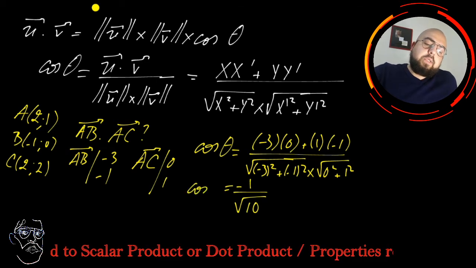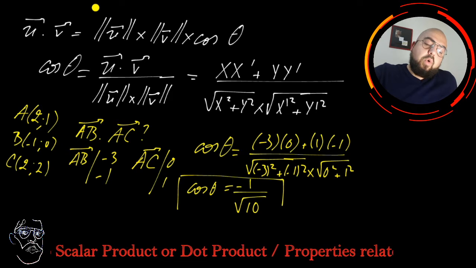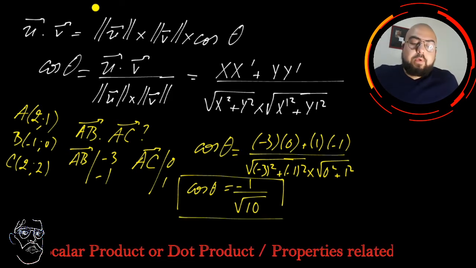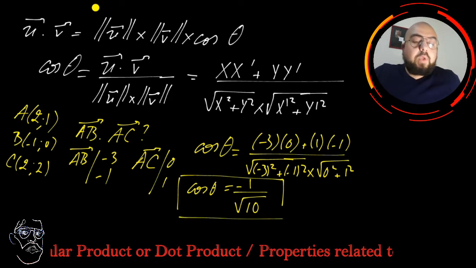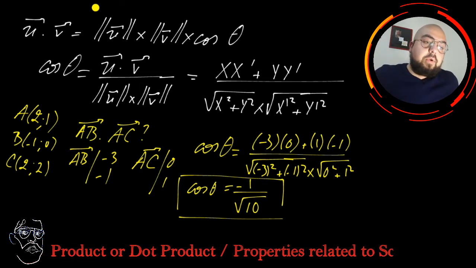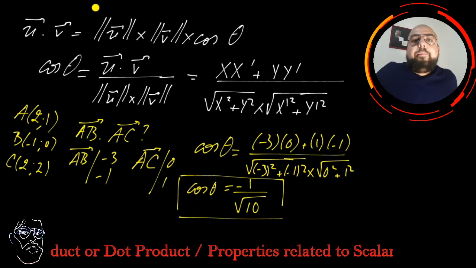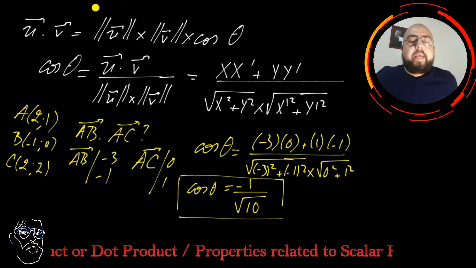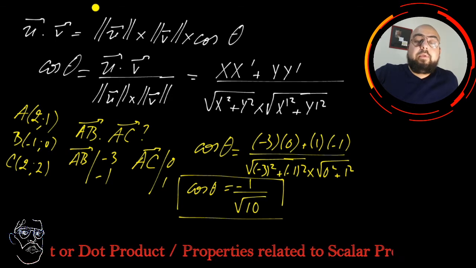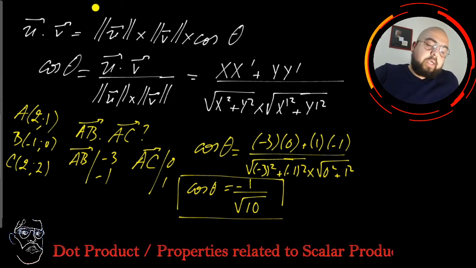So cosine theta is equal to -1 over square root of 10. Alright, so this is how you calculate your cosine of a certain angle, of course, by deducing the scalar product, and from the scalar product, the analytical form, and of course the norm of each vector.